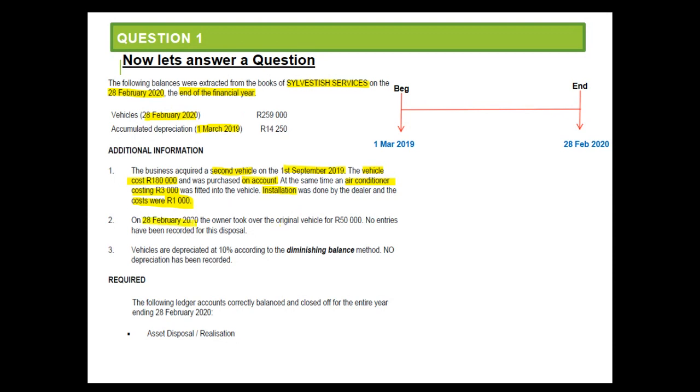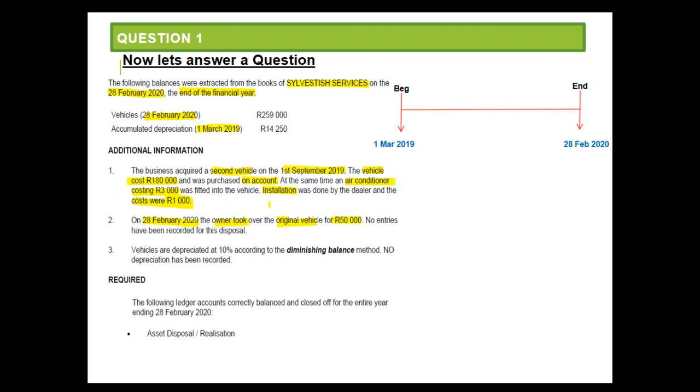On the 28th of Feb 2020, the owner took the original vehicle. The original vehicle is the vehicle that we had at the beginning, excluding the new vehicle. No, sorry. The owner took over the original vehicle for 50,000. Can you see now?